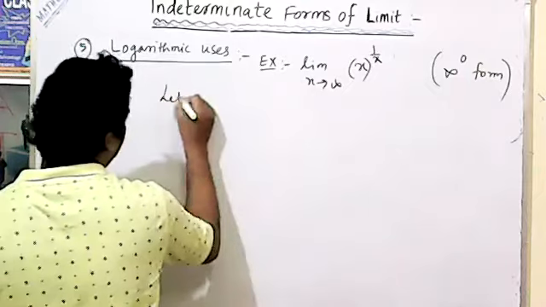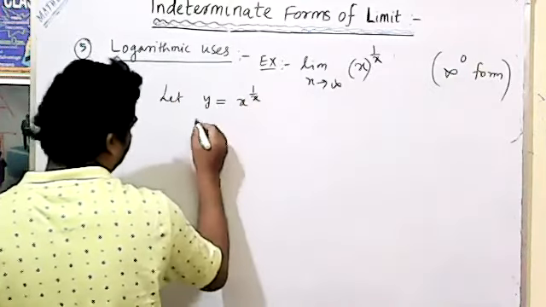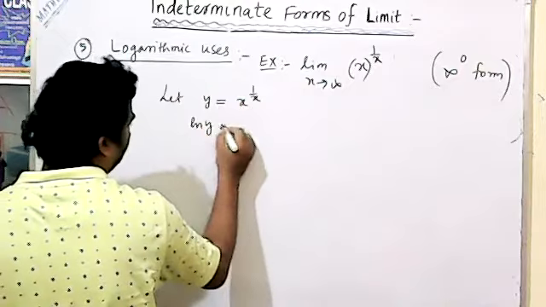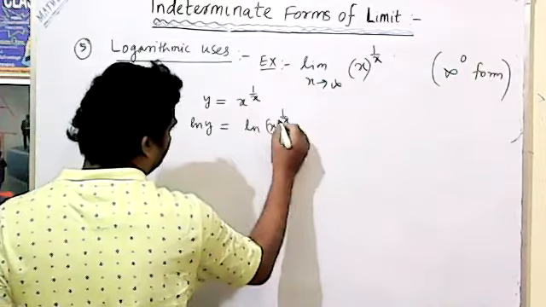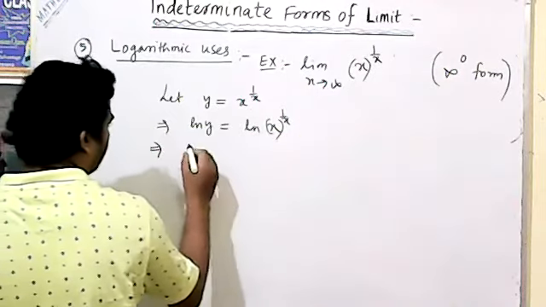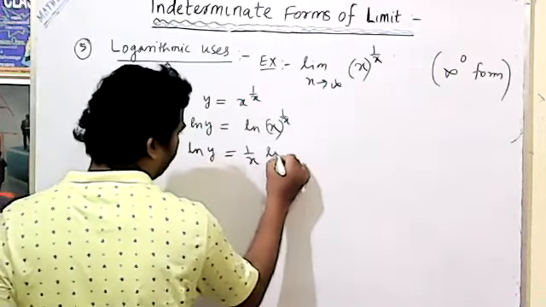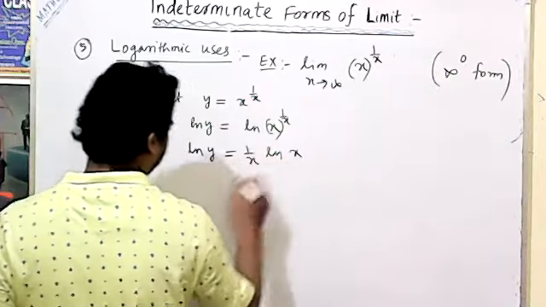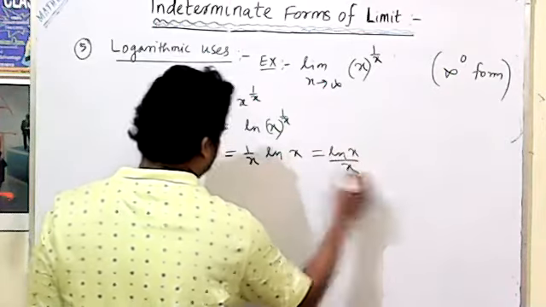So let y be equal to x to the power 1 by x. Then ln y is equal to ln of x to the power 1 by x, that implies ln y is equal to 1 by x ln x, that means ln x by x.